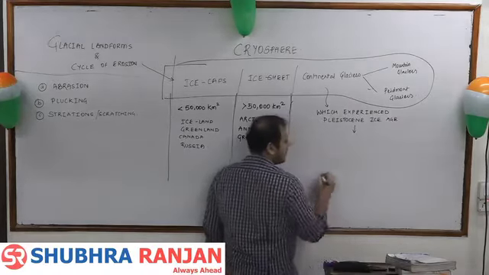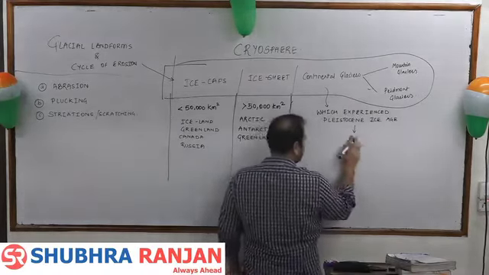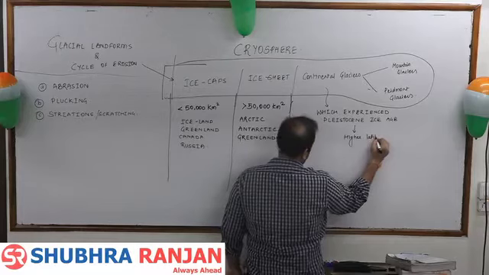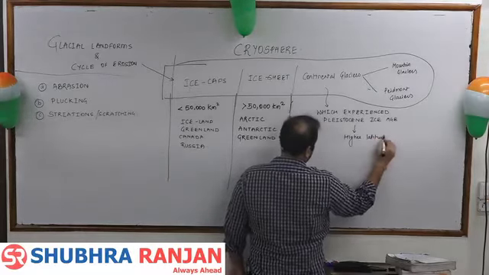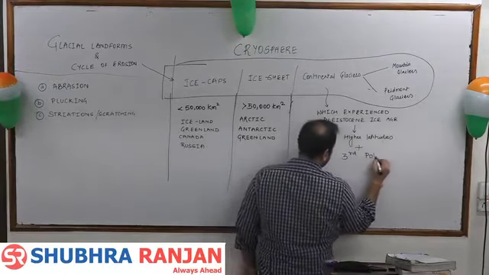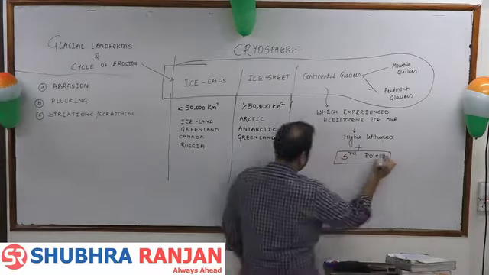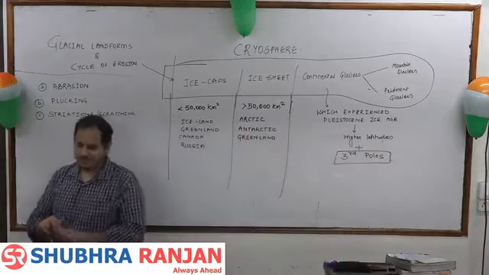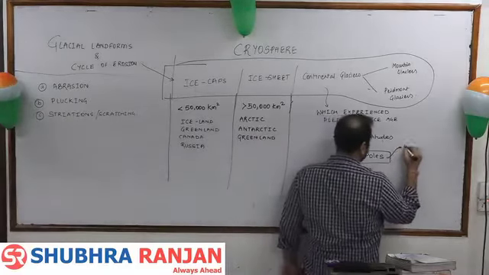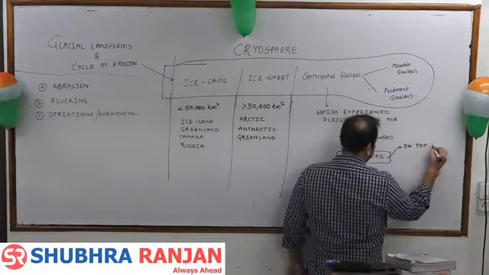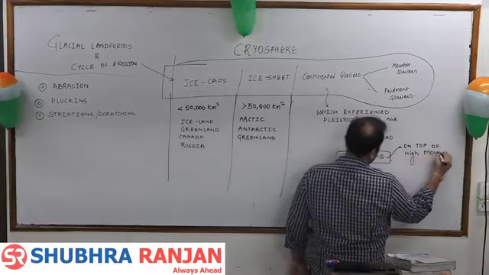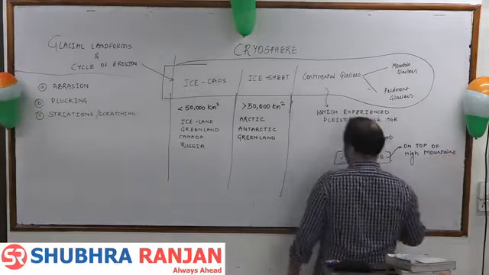And this can be Canada, or higher latitudes, plus third poles. What are third poles? That is on the top of high mountains.